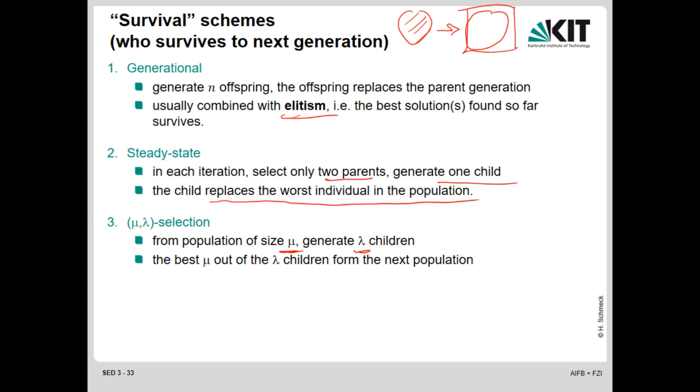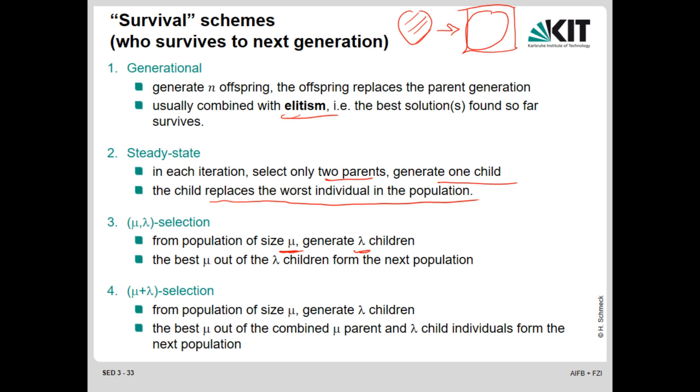You perform 10 mutations. You have 10 offspring, and then the best of those 10 mutated elements is the new population. Then you have, again, a population of size 1. You just take the best, mutate several times, take the best. That can be one type of mu lambda selection. So you generate more than mu children, and take the best out of that.